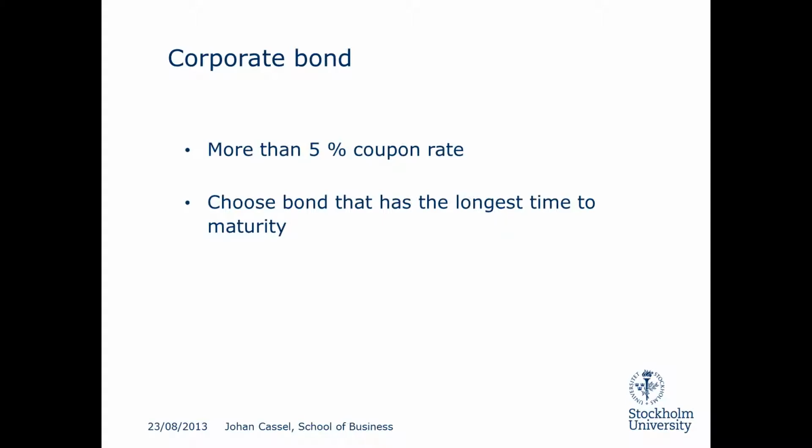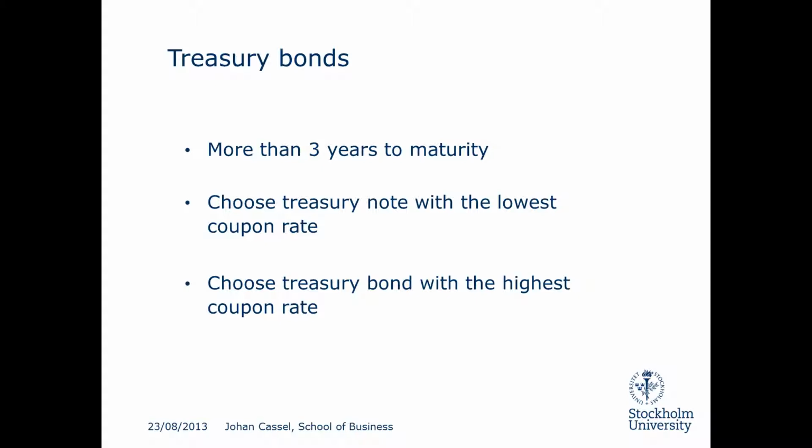When it comes to the treasury bonds, in both cases, whether it's a note or a treasury bond, I want them to have more than 3 years to maturity. When I buy a treasury note, I'm going to take the one with the lowest coupon rate, and when I take a treasury bond, I'm going to take the one with the highest coupon rate. This way I can see later on how changes in the interest rate have affected my return.